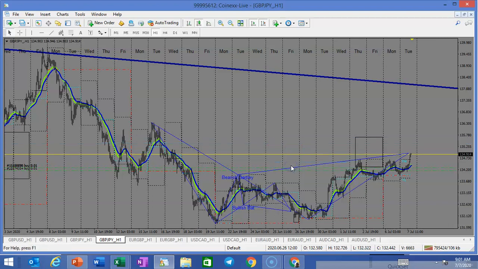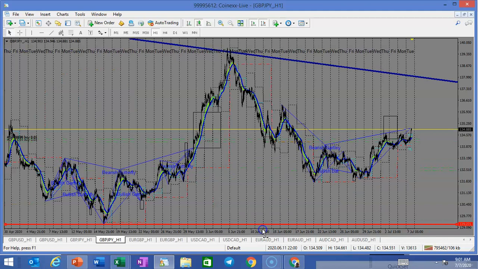I would look for other areas. I will first look for another area of a weekly open, and I don't see any close by.